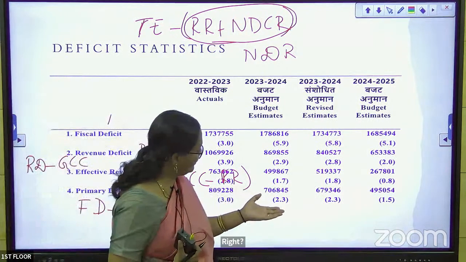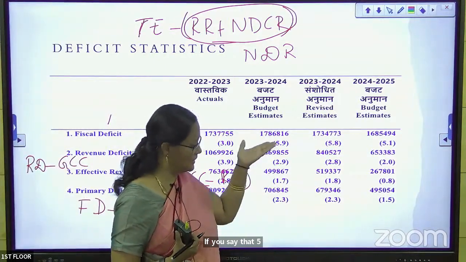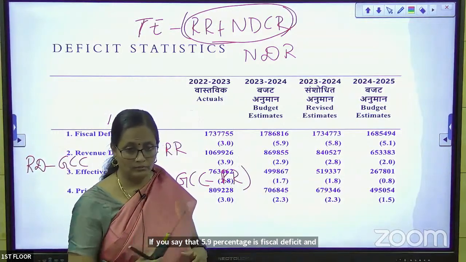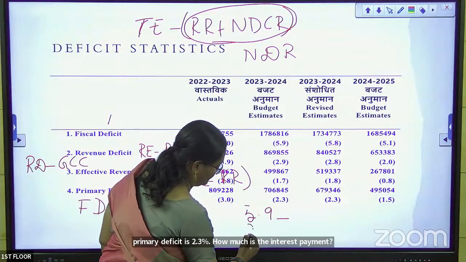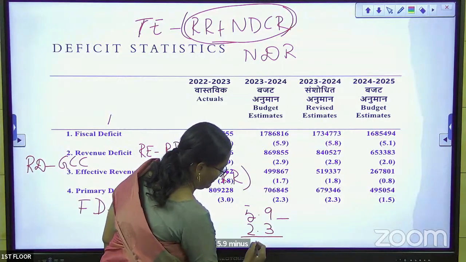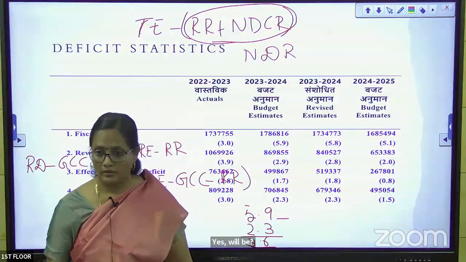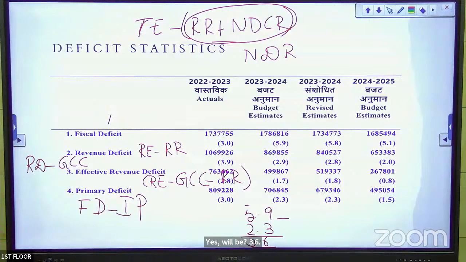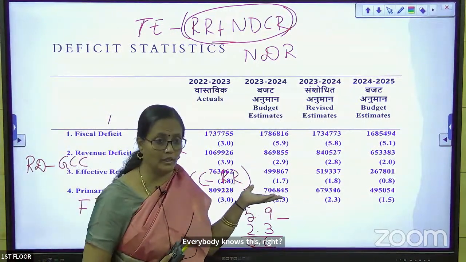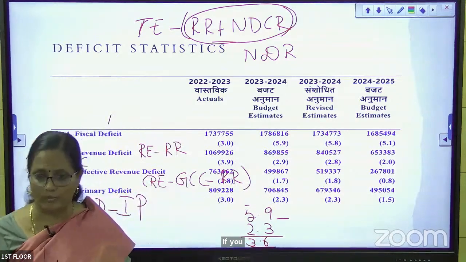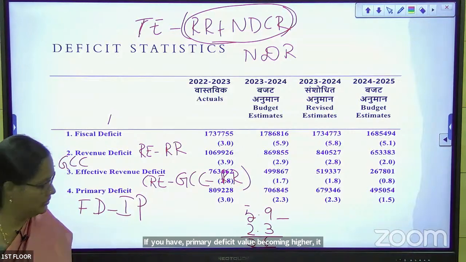If you say that 5.9% is fiscal deficit and primary deficit is 2.3%, how much is the interest payment? 5.9 minus 2.3, this will be 3.6. Everybody knows this, right? If you have the primary deficit value becoming higher, it means that we are spending on things other than interest payments. We followed what we said.